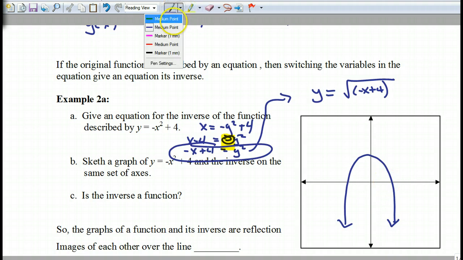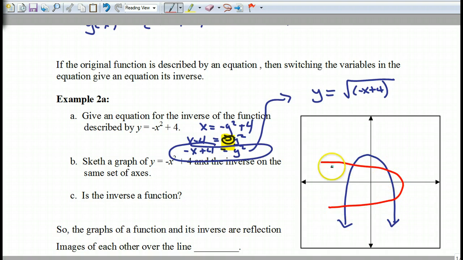And then the new equation, if I don't take the square root, is going to be something of this nature. Correct? All right. It's almost like a heart. But the calculator automatically chops off the bottom because it makes it into a function.